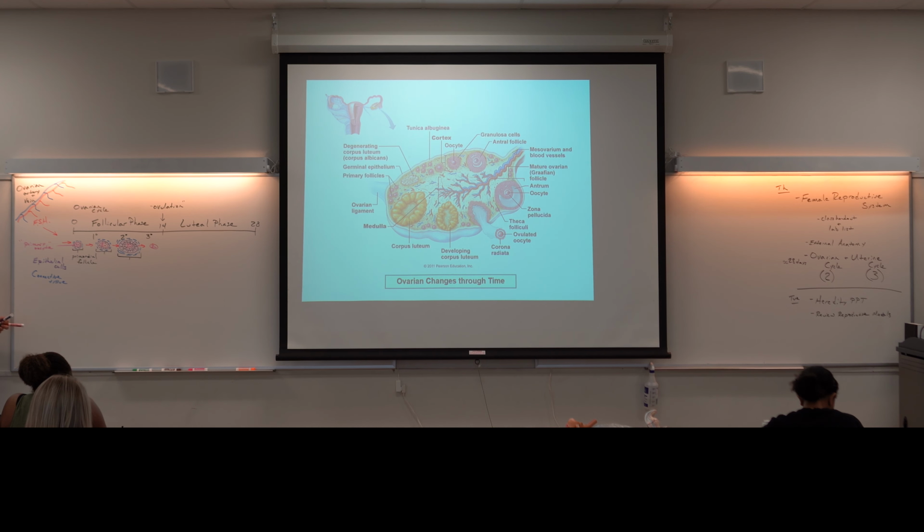Let's add something real quick. Since we're seeing these epithelial cells grow and the connective tissue cells grow, that specific type of epithelial cell that I'm growing in purple, those are called granulosal cells. The blue ones, the connective tissue cells, are called thecal cells.